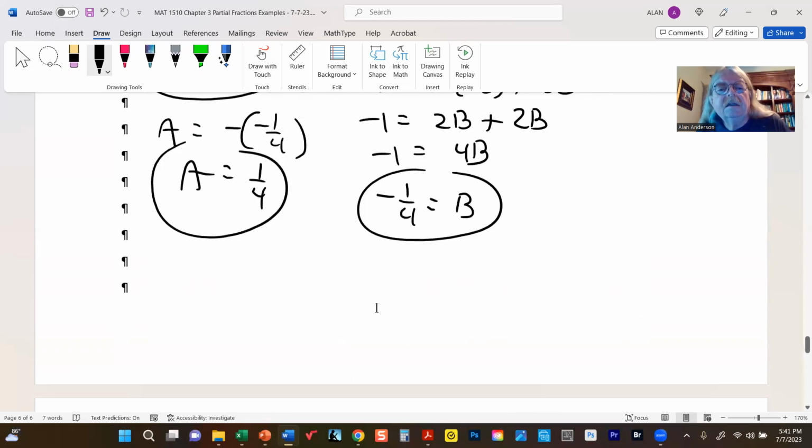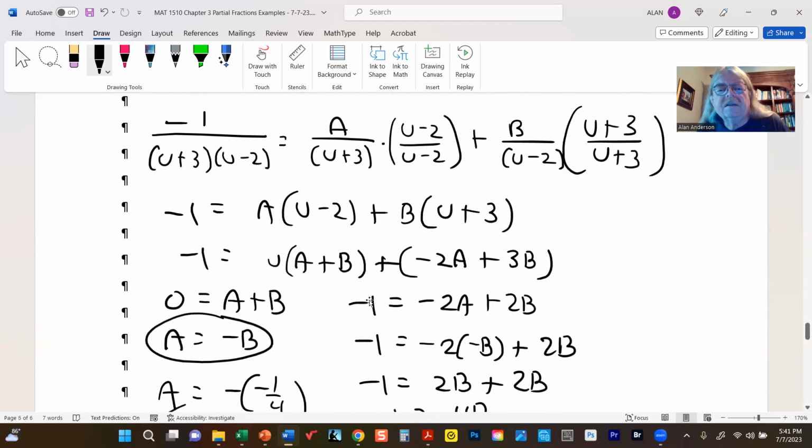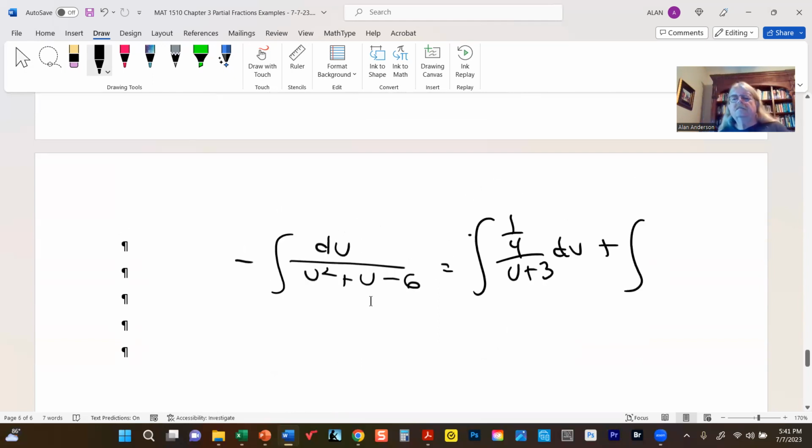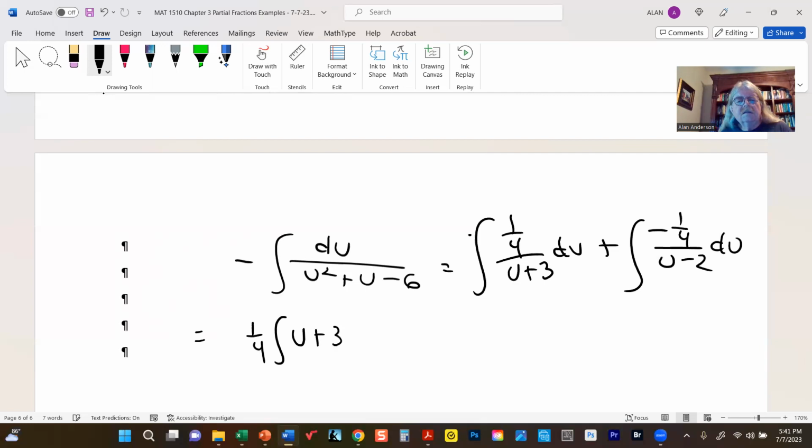And then b is -1/4. That's divided by u minus 2. All right, so this is what we're after. No, it's not.